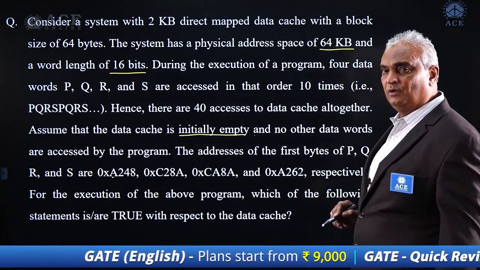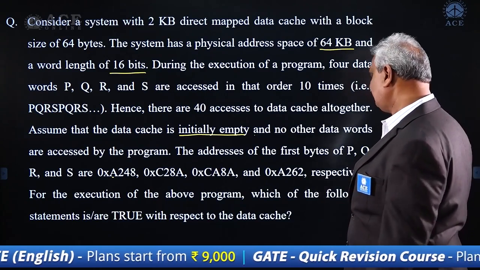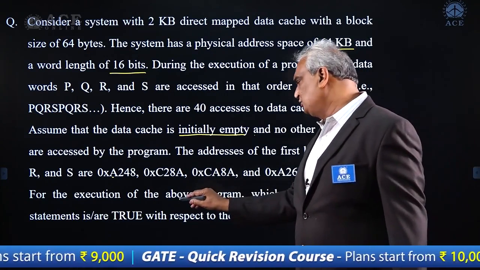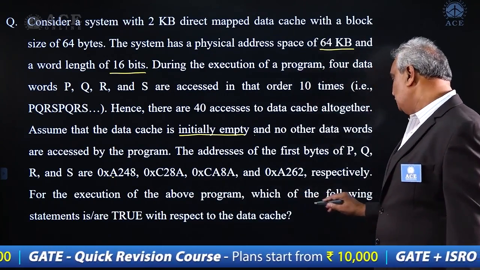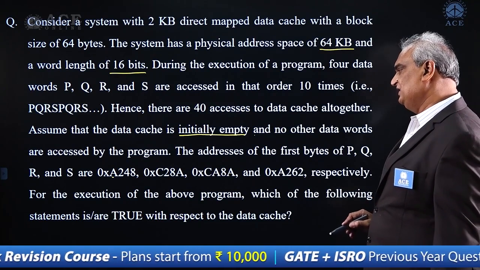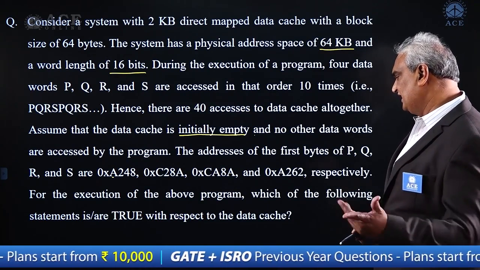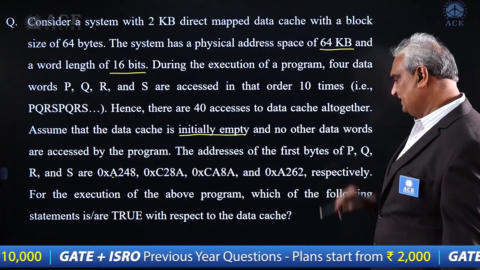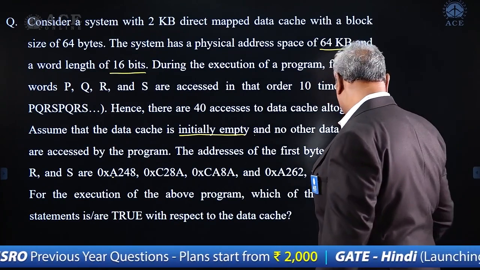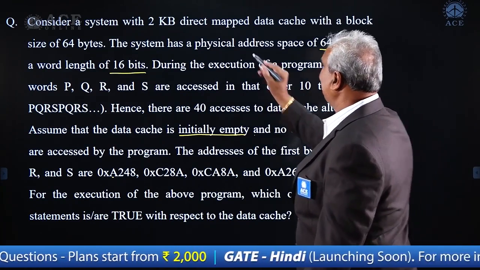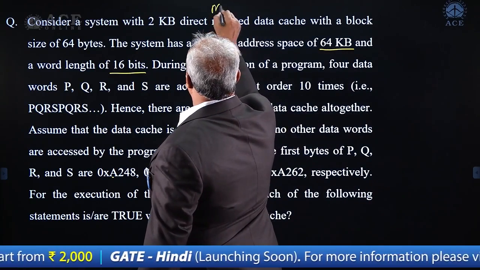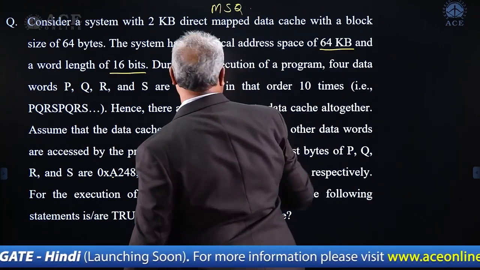The word size is 16 bits. For the execution of the above program, which of the following statements is/are true with respect to the data cache? The question is like this and the options are like this. It is an MSQ question, multiple select question.